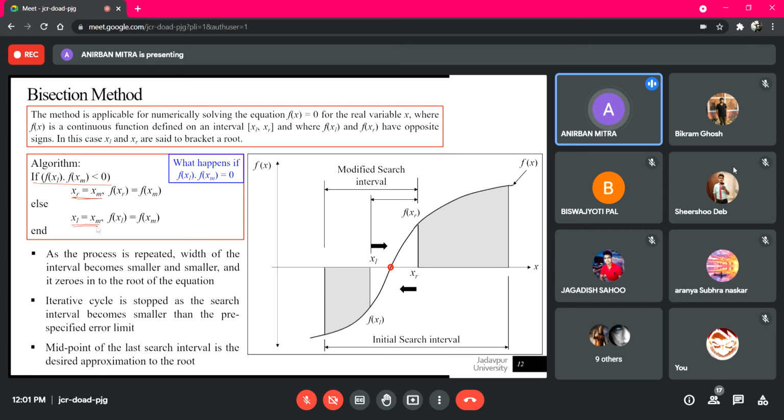Of course, satisfying the condition that one of them should give a negative functional value, the other one gives a positive functional value. That is fine. But as the computations progress through different iterations, it is quite possible that one of the functional values comes out to be 0, and then this product becomes equal to 0.